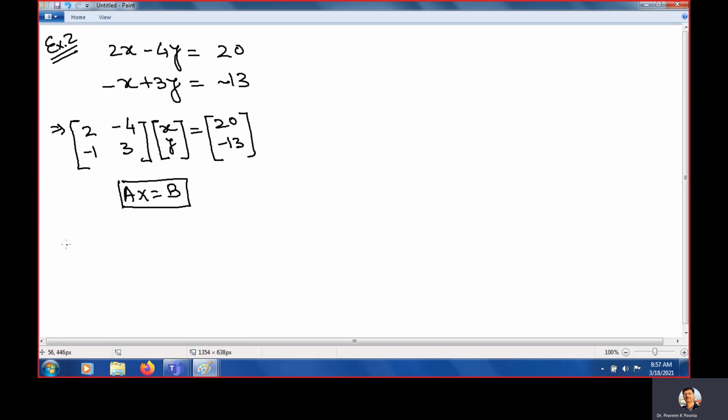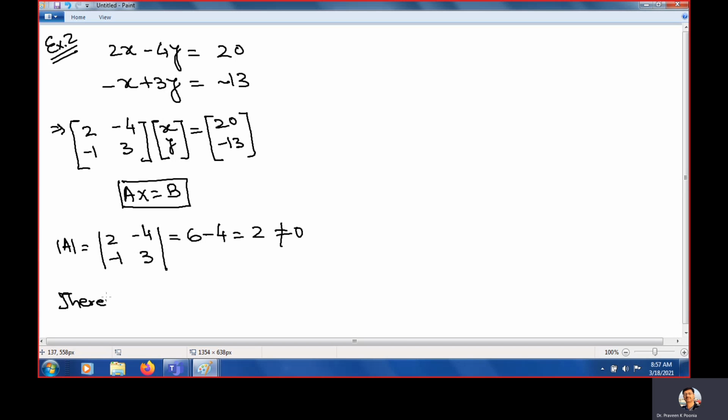Clear? So now step 1, you need to find the determinant. It is |2 -4; -1 3|, and 3 times 2 is 6, 4 times 1 is 4, negative, negative, positive. So 6 minus 4, it is 2, and it is not equal to 0.